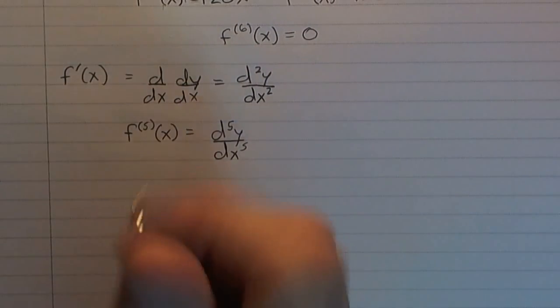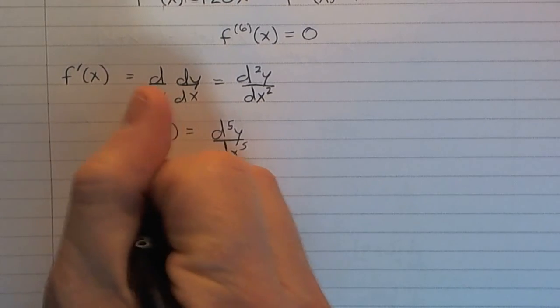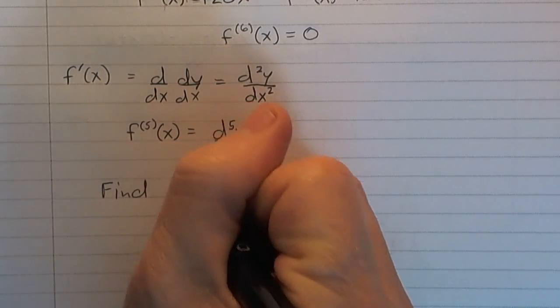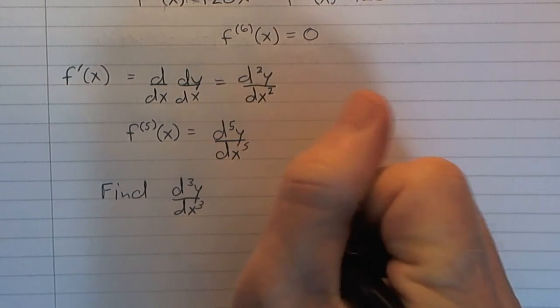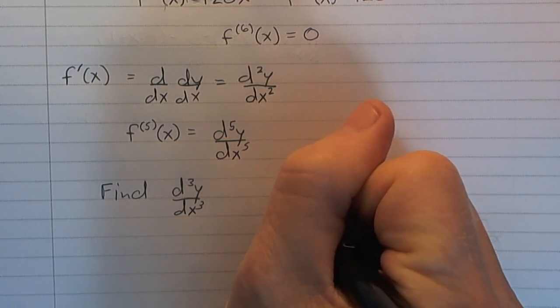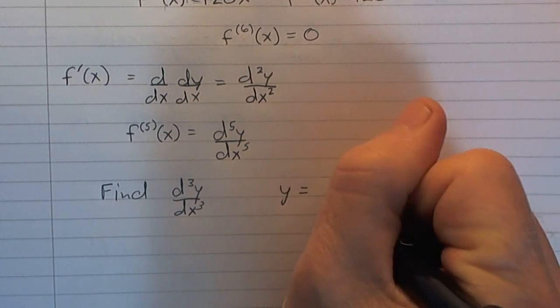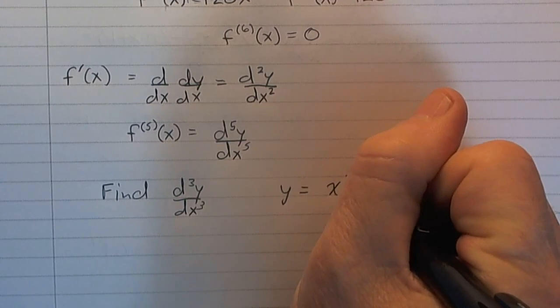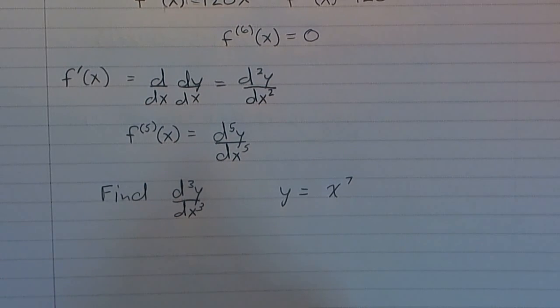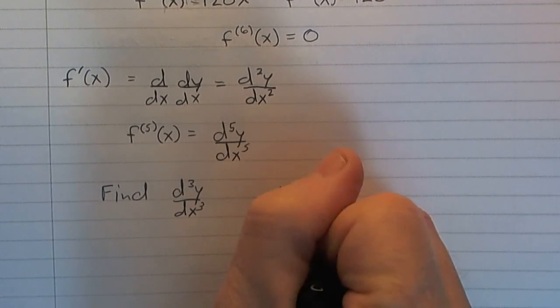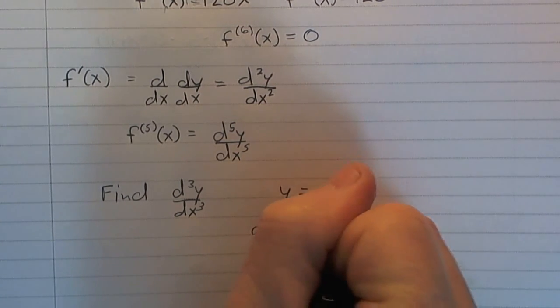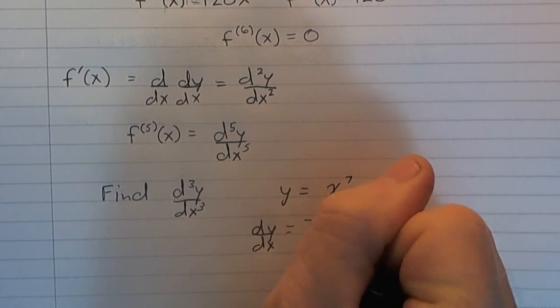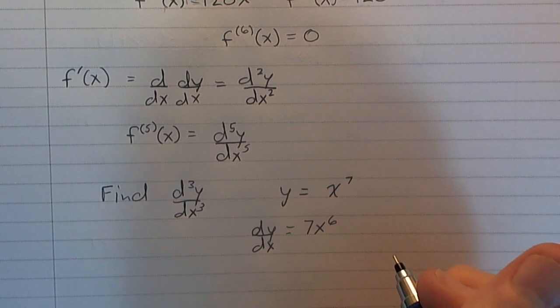So let's suppose that we want to find the third derivative of this thing. Let's suppose that we've got y equals x to the seventh, and we want to find the third derivative. Well, here's the first derivative, which is 7x to the sixth.